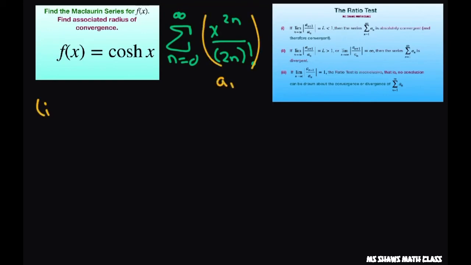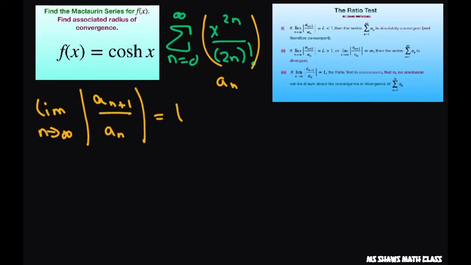So let's do that. I'm going to go ahead and rewrite this. We have the sum from n equals 0 to infinity of x to the power of 2n divided by 2n factorial. Now, let's use the ratio test, and this is going to be our a sub n. So we take the limit as n approaches infinity of the absolute value of a sub n plus 1 divided by a sub n.